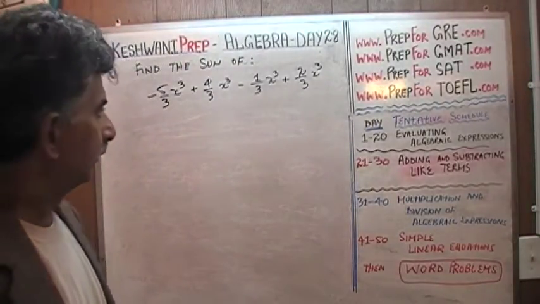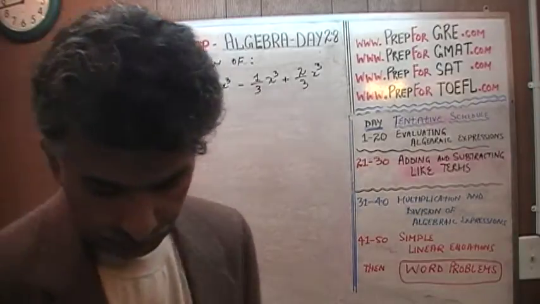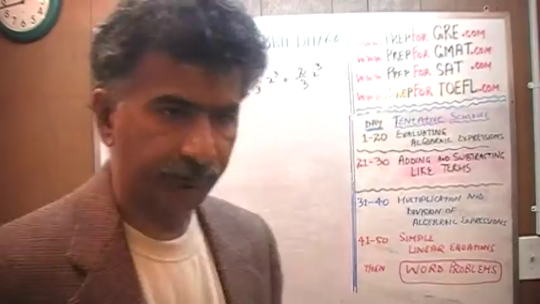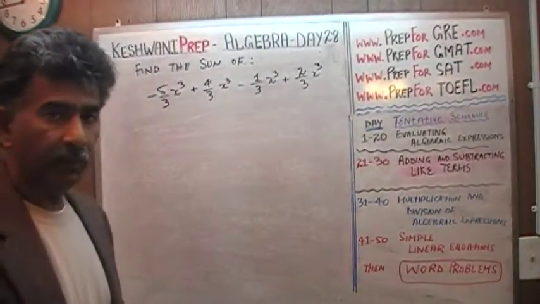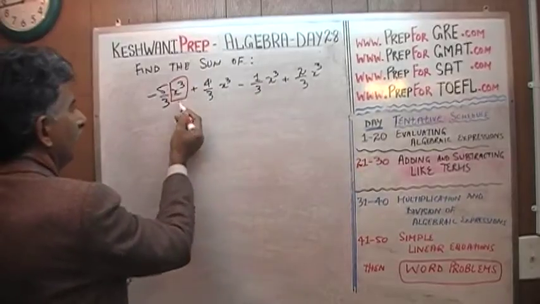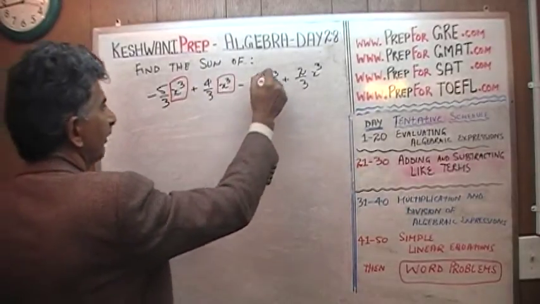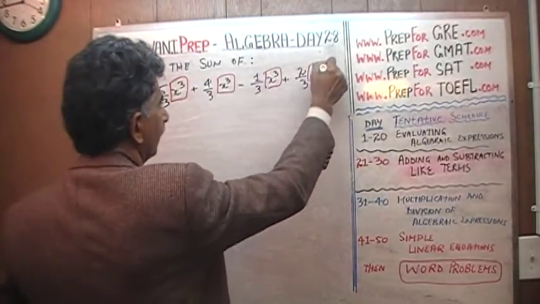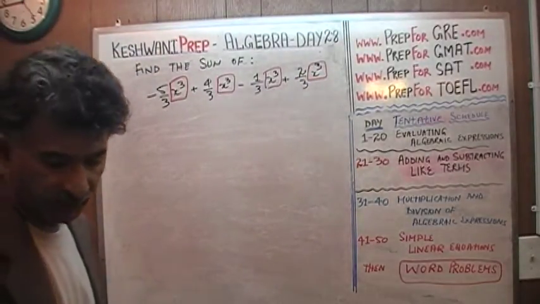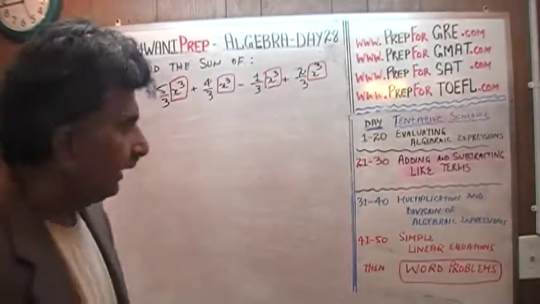Well, the question simply is, what do we get when we combine all the like terms? And here, all the terms are in fact like terms because they all involve x cubed. We have the same variable with the same exponents, therefore all we have to do is simply add up the coefficients.